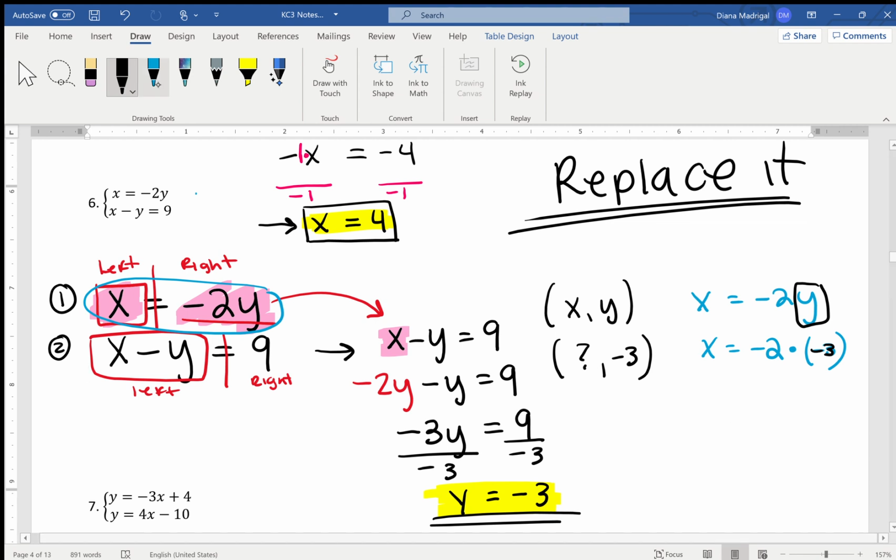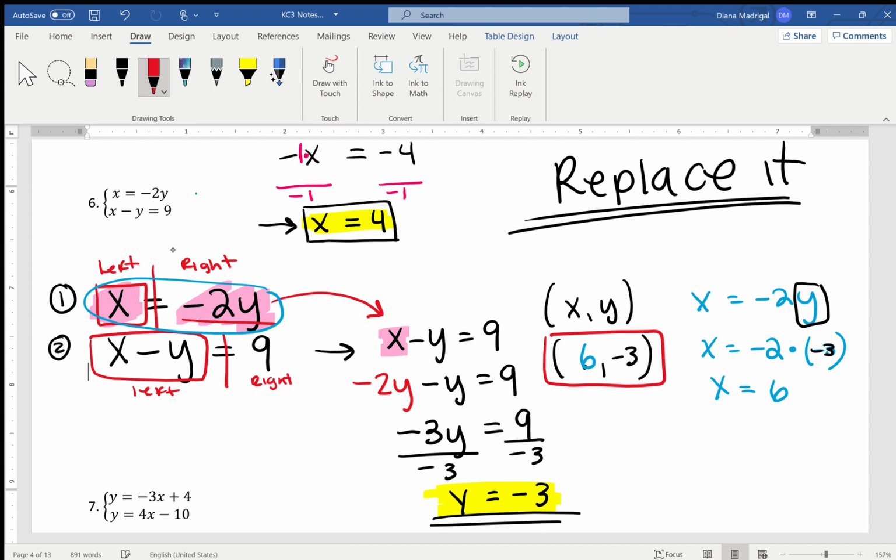So all I have to do now is multiply. Negative 2 times negative 3 is going to be positive 6. So now I know my answer is (6, negative 3). This right here is my answer. Once again, this means it's one solution.